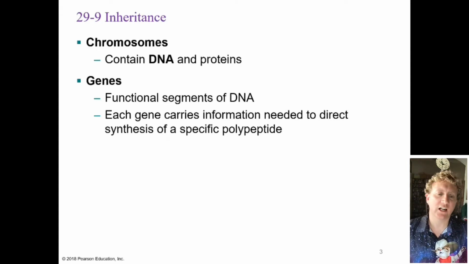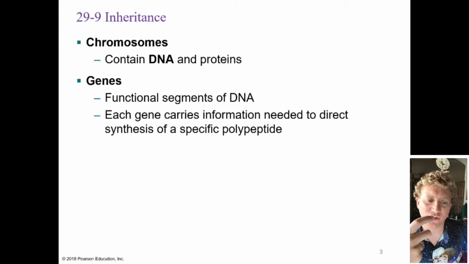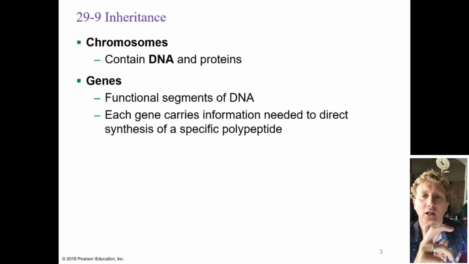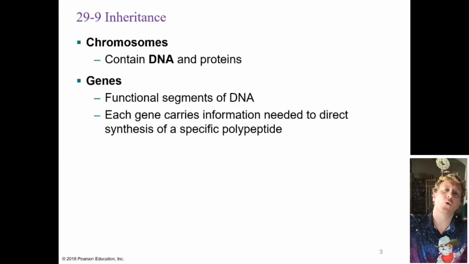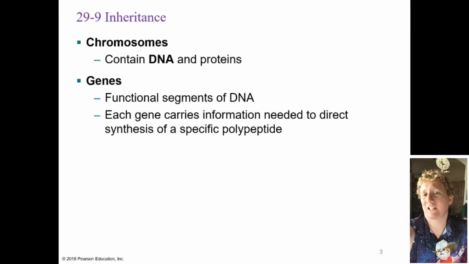Where we find all this genetic information are chromosomes, which are structures that contain DNA and proteins. Within DNA, you have sequences of base pairs known as genes, and each gene carries specific information needed to create a specific polypeptide, a specific protein that is then going to go on to do a certain thing. And that's basically all life is.